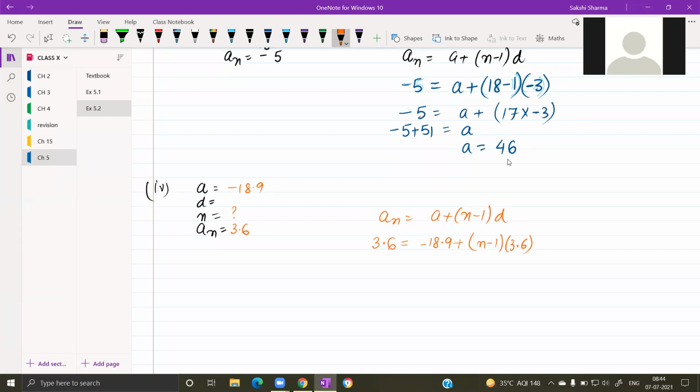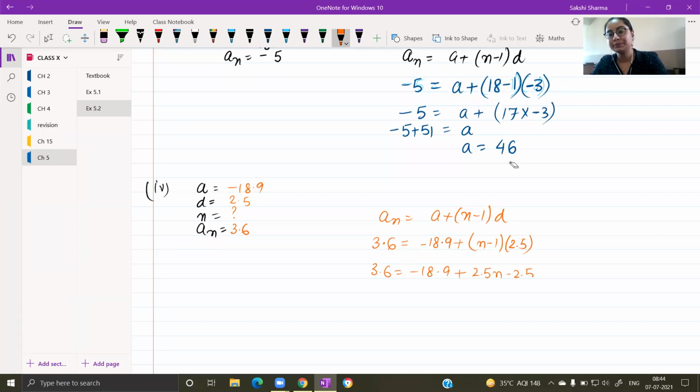AN is 3.6. Okay. Work with your equation. 3.6 equals minus 18.9 plus N minus 1 times 2.5.